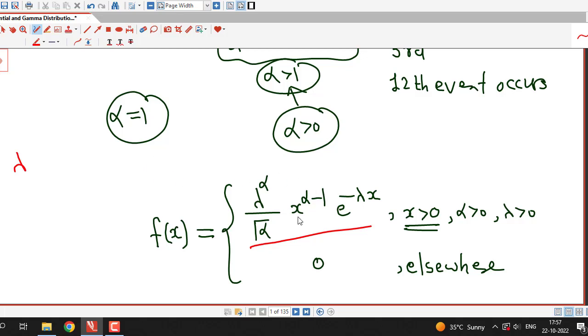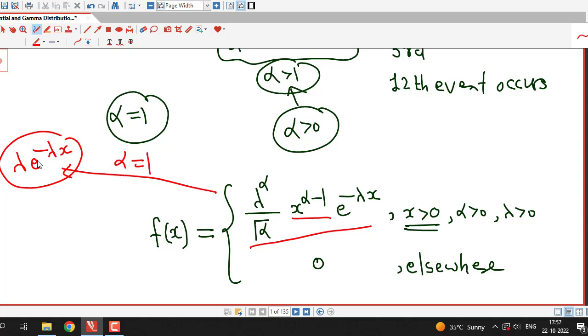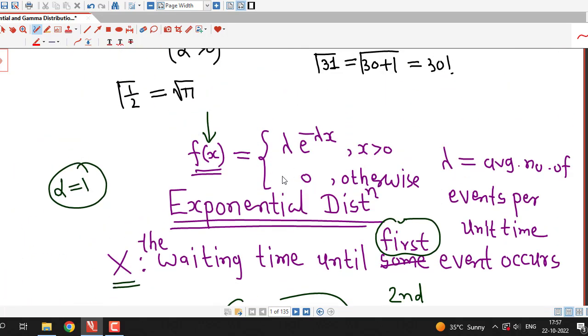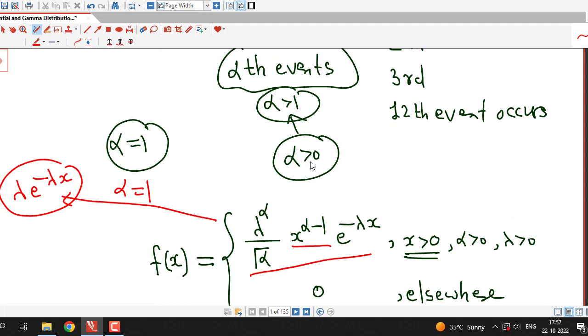Gamma 1 is always 1. This is x raised to 0, that is 1, and we have lambda times e raised to minus lambda x. So f(x) equals lambda e raised to minus lambda x, that is the probability density function of exponential distribution.